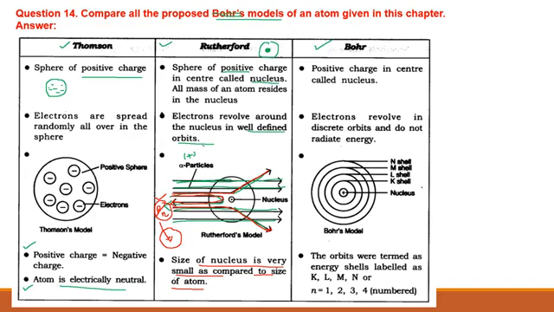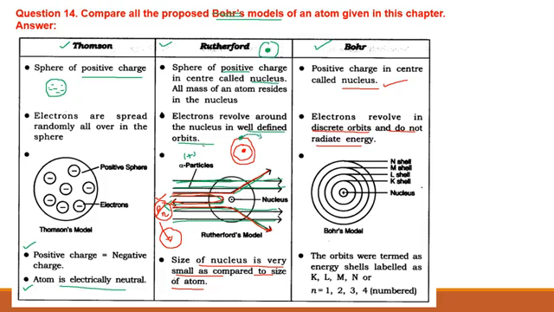Bohr: positive charge in the center called the nucleus. This is what Bohr told. Electrons revolve in discrete orbits and do not radiate energy. So what was the limitation of Rutherford? Rutherford told that electrons revolve around the nucleus, and while revolving, they radiate energy.